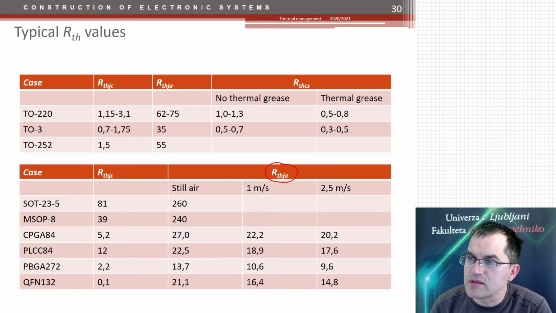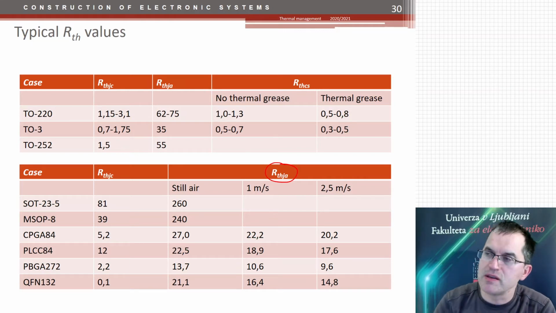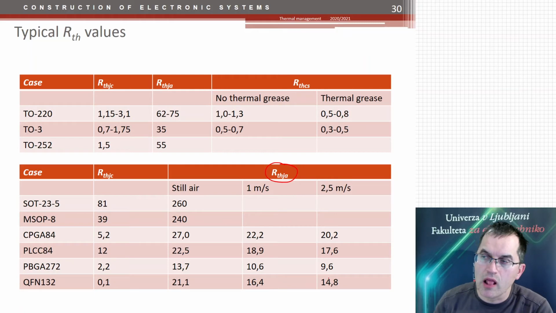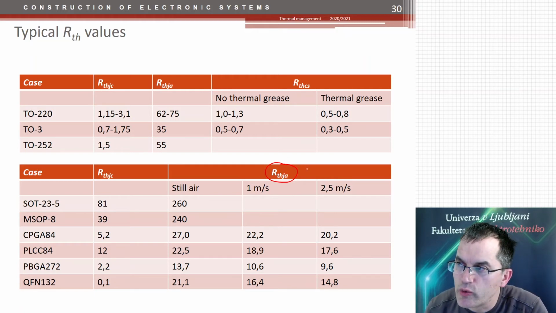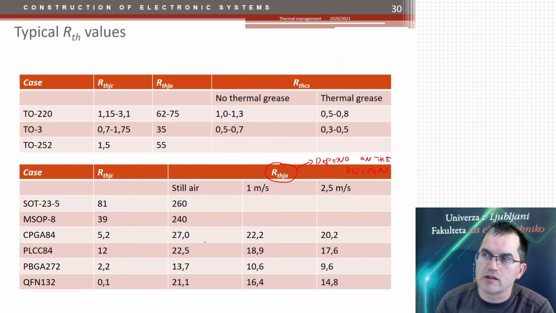And as you see, the SMT components could have quite low junction to case resistance, but because the cooling from the component across the PCB to the surrounding ambient is not that efficient, the values of the junction ambient could be higher. But as I said, all these values really depend on the design. And this is important to remember. These are not constant values.